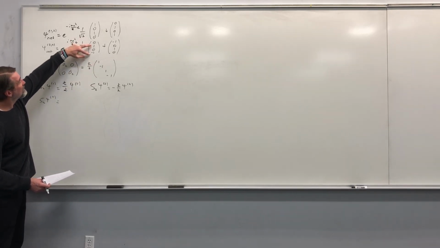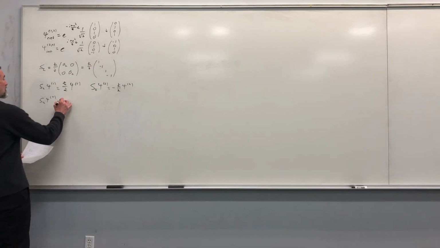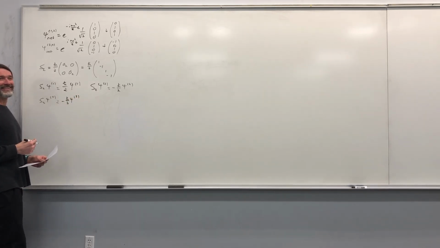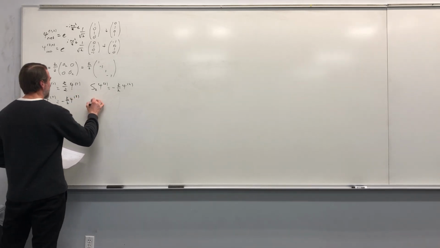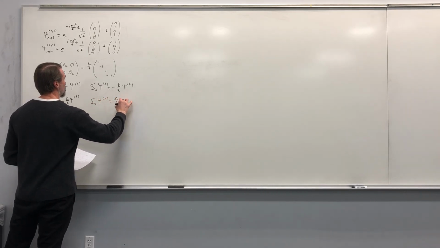What's important is that this is the second and fourth term, which are negatives here. So it's minus h bar over 2 psi 3. And then the last one: Sz acting on psi 4 is h bar over 2 psi 4.